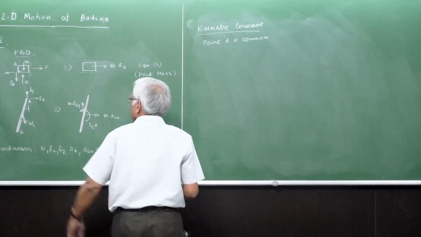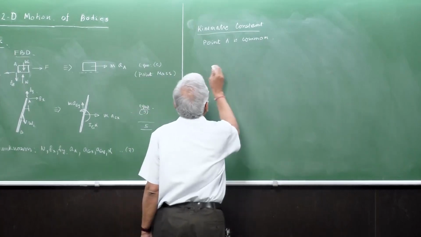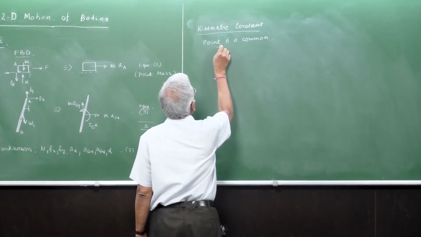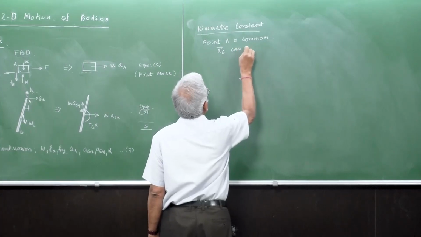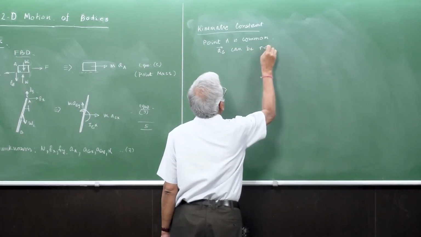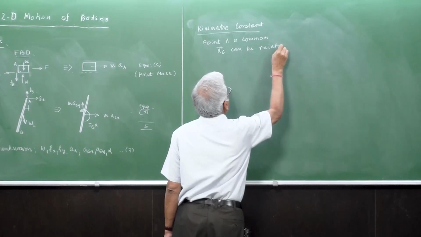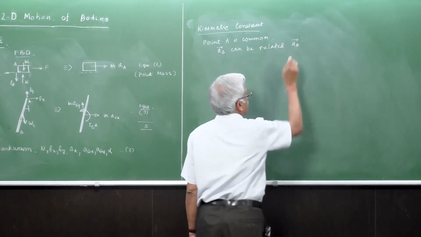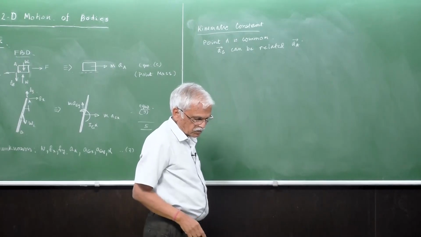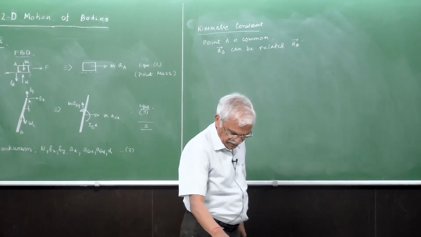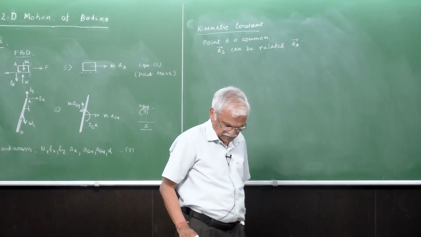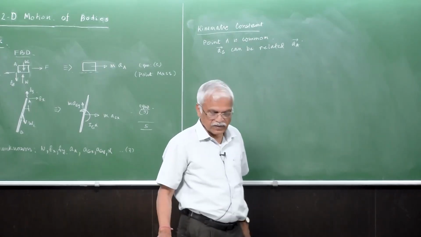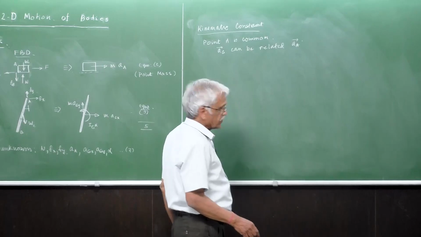Which means that the acceleration of G can be related to the acceleration of A. And further, of course, the acceleration of A is only horizontal. So that also is there.